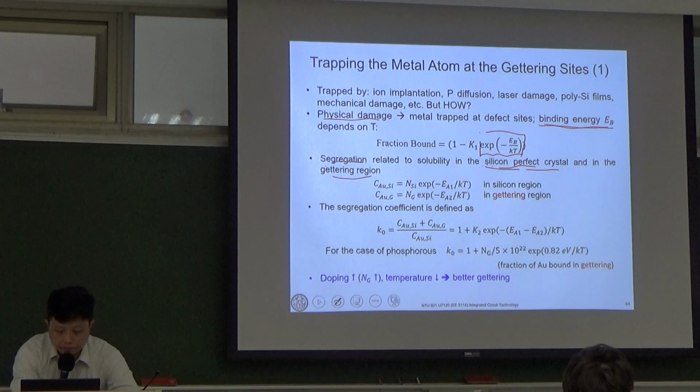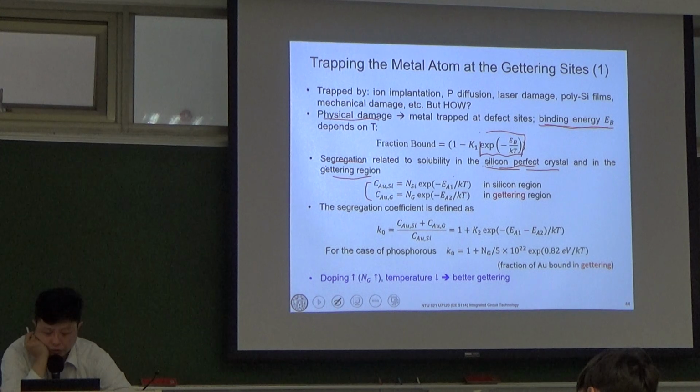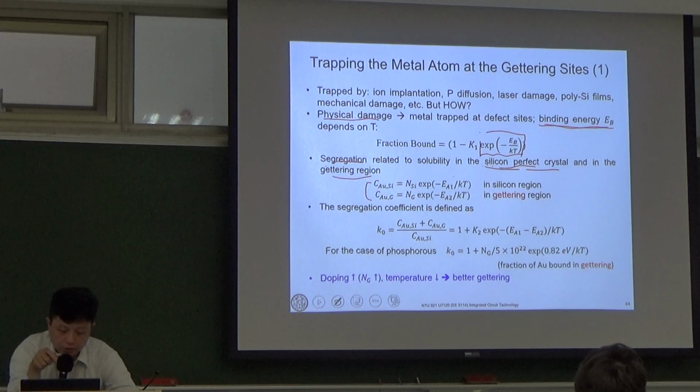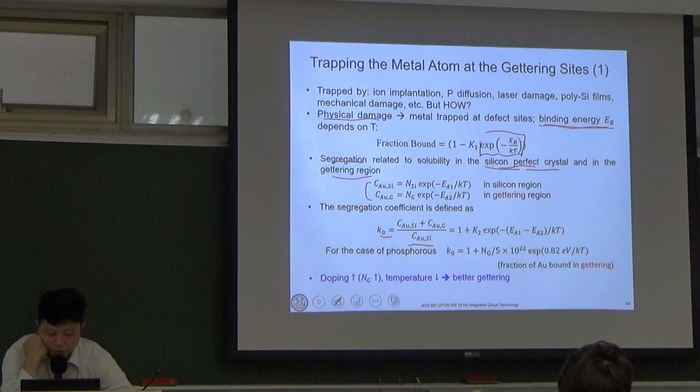So this concentration will be different because you have different parameters and also the activation energy here. Once you have this segregation, this concentration difference, then we can define the segregation coefficient as the total concentration of gold compared with the concentration in your perfect crystal.